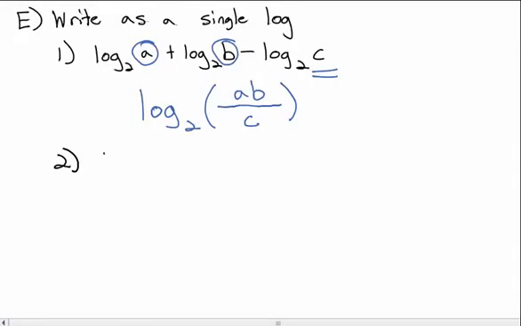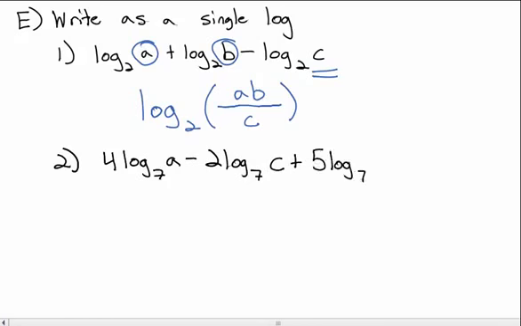We can add an extra step to this and say, how about 4 log base 7 of a minus 2 log base 7 of c plus 5 log base 7 of d minus 1/2 log base 7 of x.